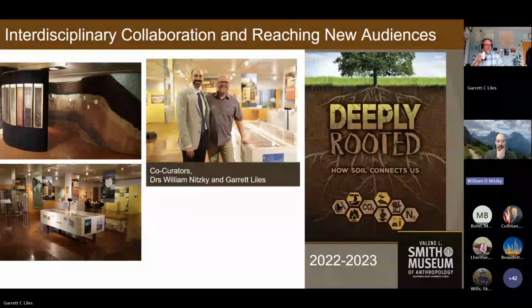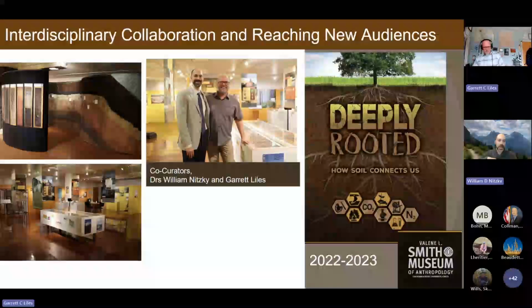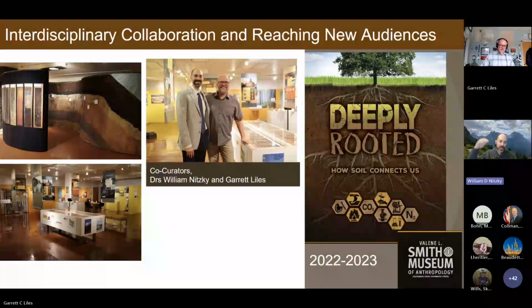Just to piggyback on that last statement Garrett made, it's interesting: when he first showed me a monolith, he was explaining the different horizons that he could see through it, and I was basically going with what Garrett was telling me. Then when he pulled out a correlation box, it was very clear.